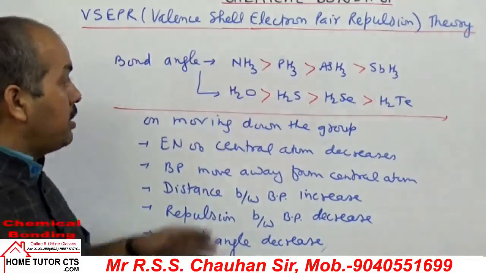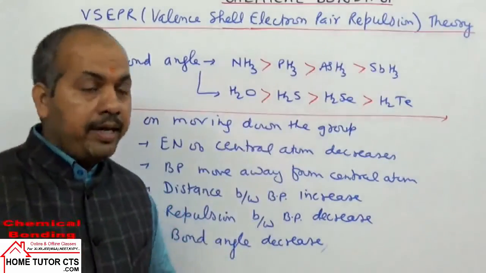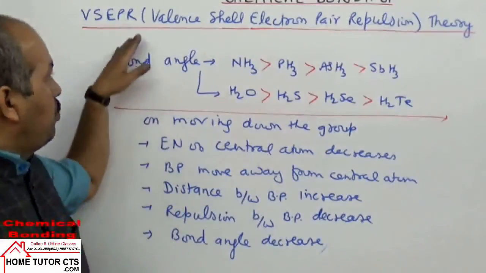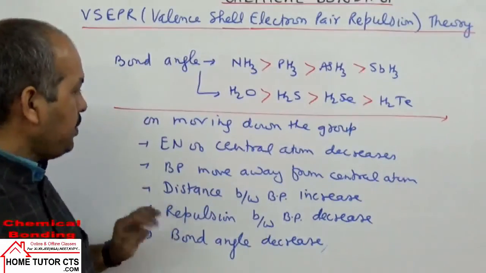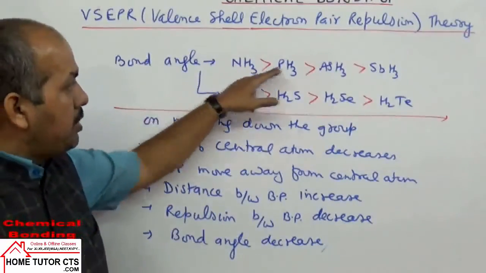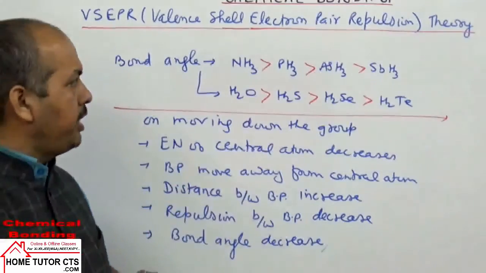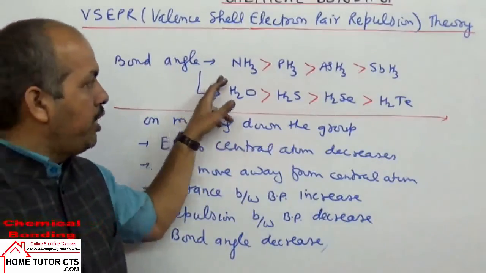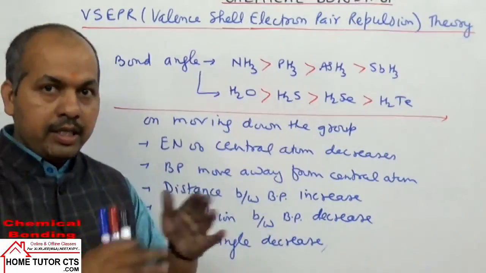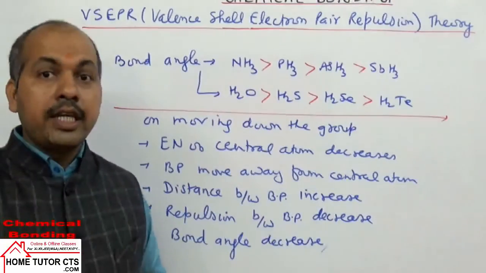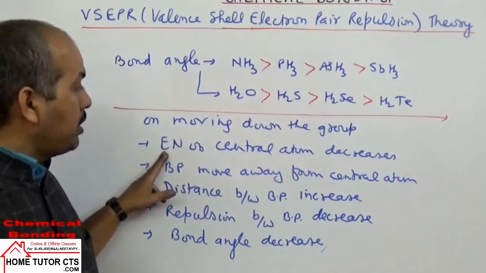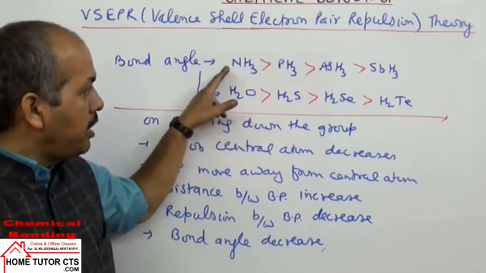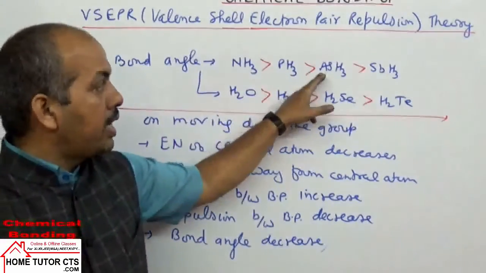This decreasing bond angle can be explained by this theory as well. I hope it is clear. The size of the atom is increasing, that is one reason, but the second reason is mainly the atom's electronegativity. We have already seen that on moving down the group there is a decrease in the central atom electronegativity. The central atoms taken are nitrogen, phosphorus, arsenic, antimony.